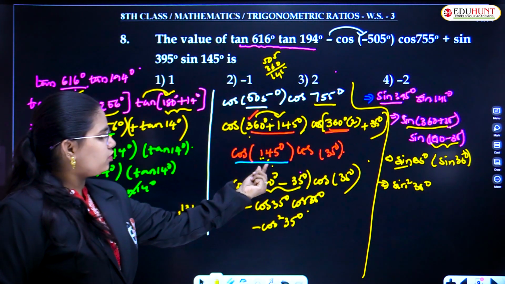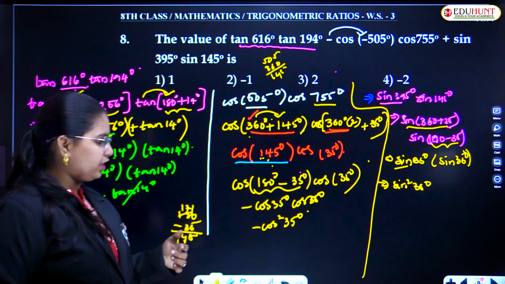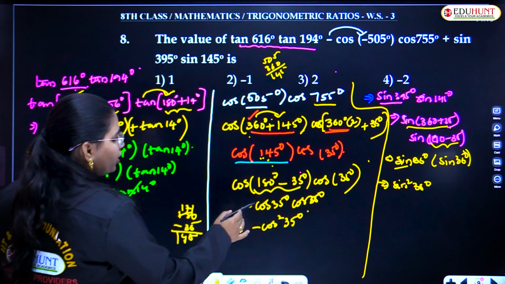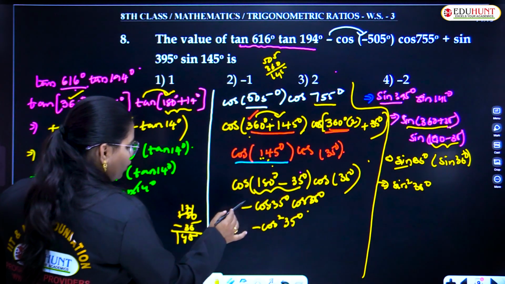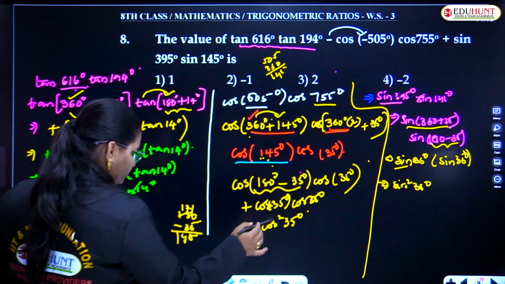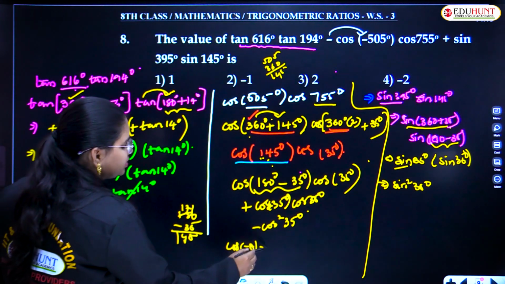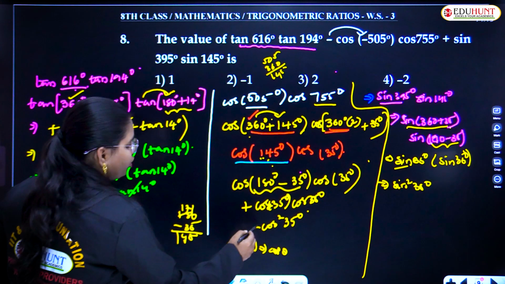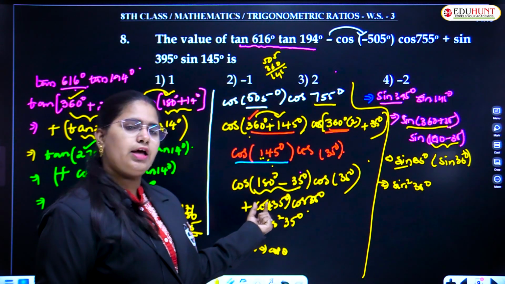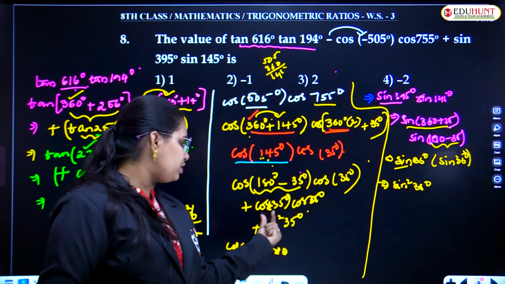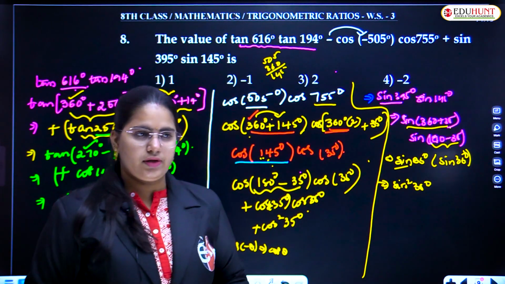Basically, what you will be getting is cos of minus 35 degree. But we know cos of minus theta is equal to cos theta. So from that result we can have cos 35 into cos 35, which is cos square 35. Clear?